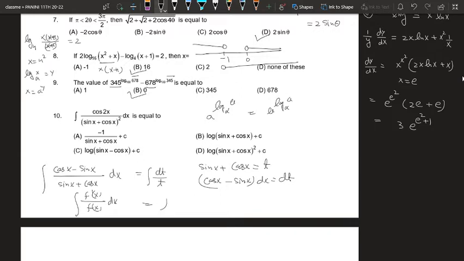So the answer is ln mod t plus c. So the answer is ln mod sin x plus cos x plus c. Okay, so there is no modulus in the options. The answer is this one, log of sin x plus cos x. Okay, so here the base is e.